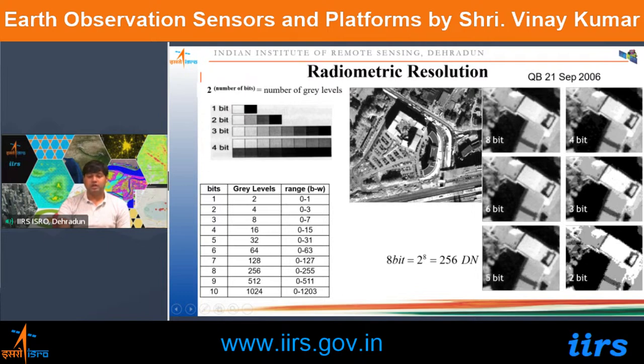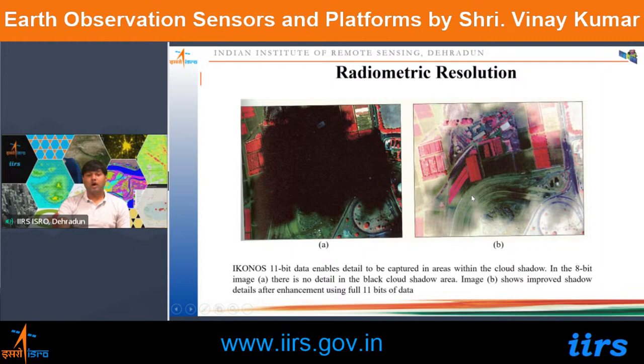With 2 bit data, you can see 0 to 3, that is 4 gray levels. In 3 bit data, you have 8 gray levels. So by looking at that, when we are increasing the gray levels, we are able to differentiate the features in a clearer way. So why is it required?